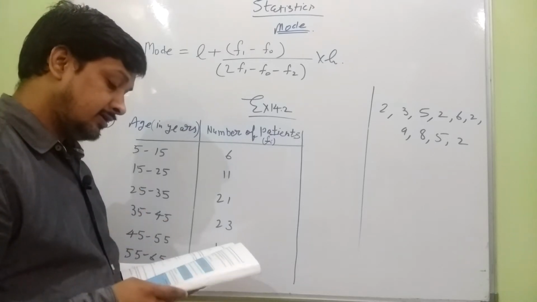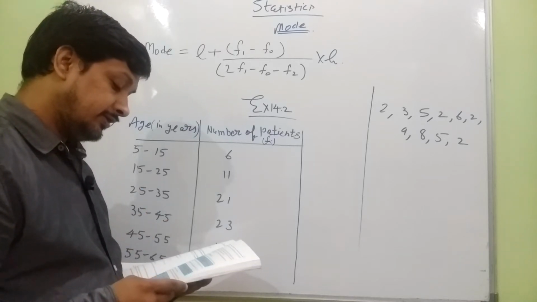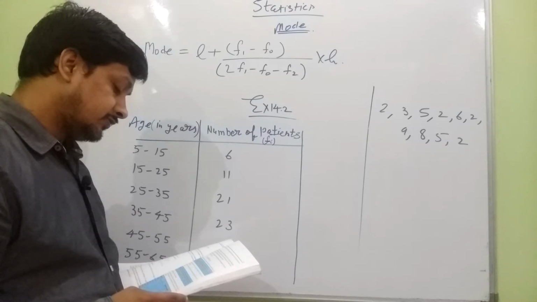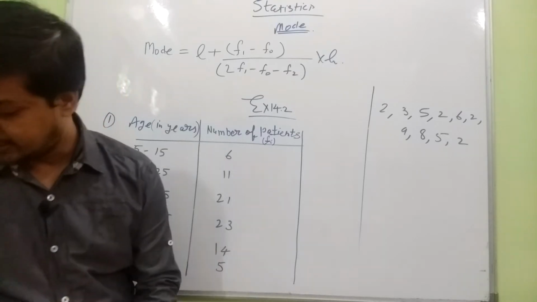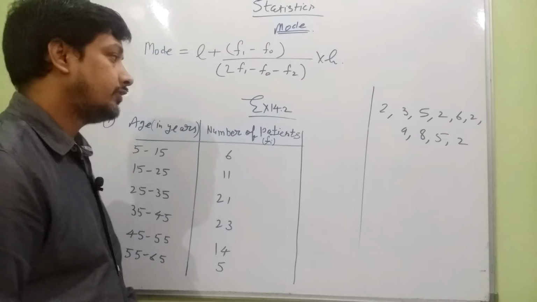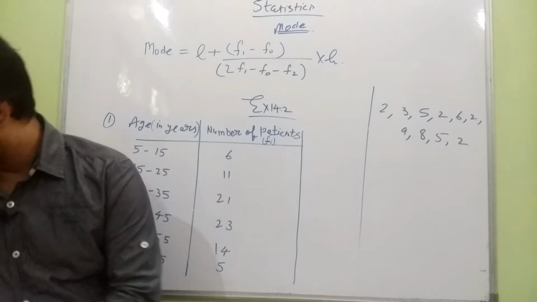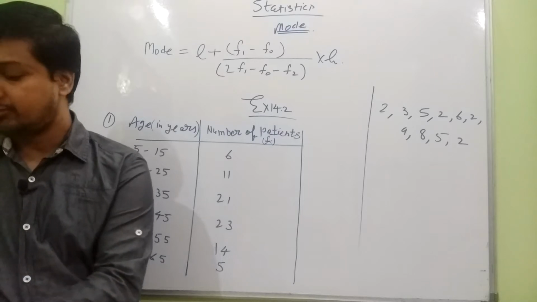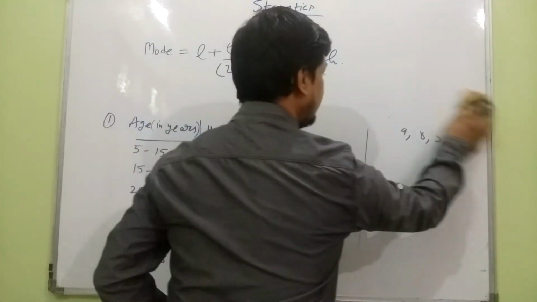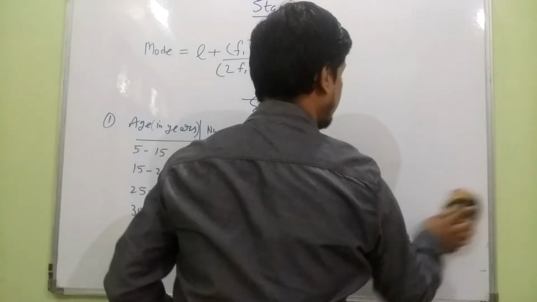Of this data, compare and interpret the two measures of central tendencies. So we have to find the mode and mean of this observation. I will tell you how to find the mode, and the mean you can find yourself in homework.